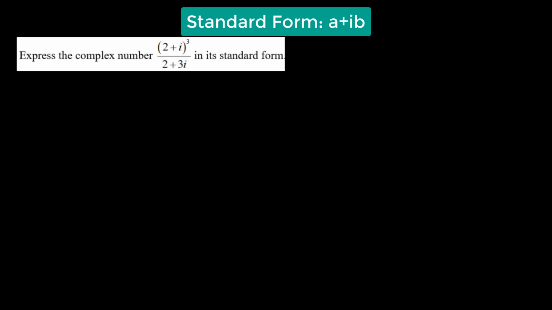So we have a complex number given by (2 plus i) whole cubed divided by 2 plus 3i. So we have to express it in its standard form. So first let us expand the complex number in the numerator. So we have (2 plus i) cubed. So we'll apply the identity that (a plus b) whole cube is equal to a cubed plus 3a squared b plus 3ab squared plus b cubed.